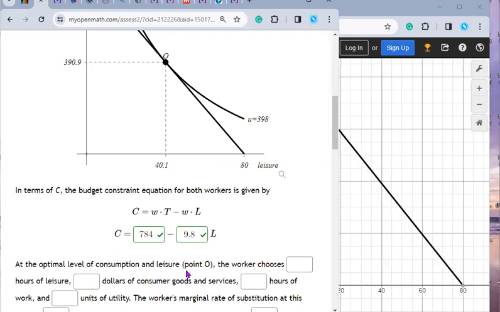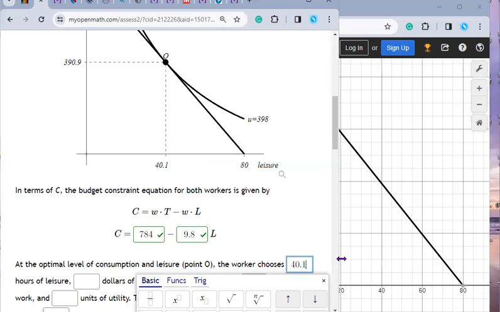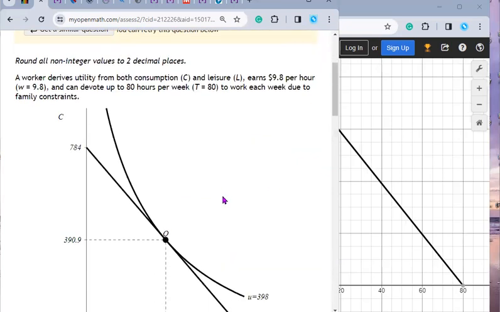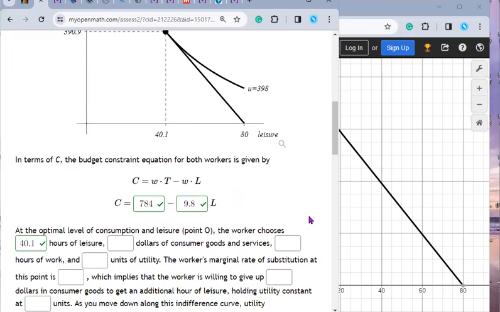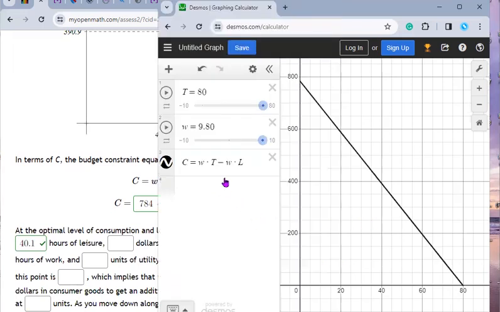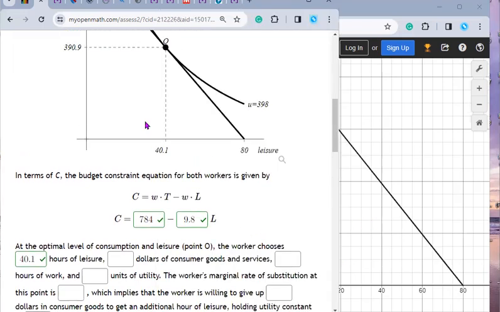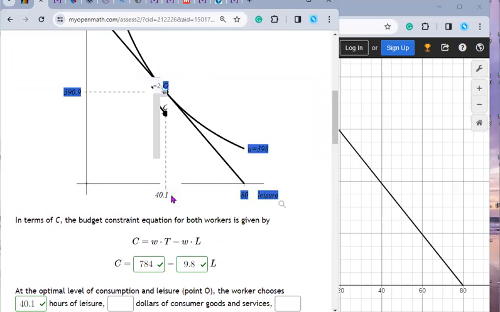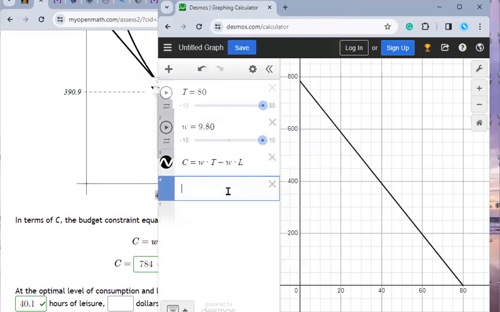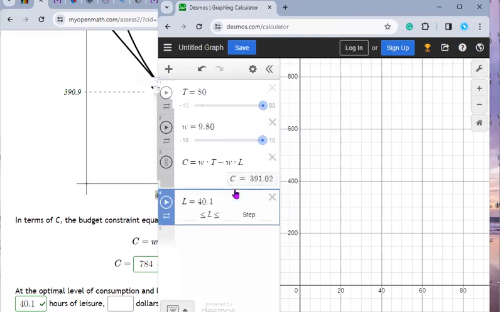Now, at the optimal level of consumption, the worker chooses 40.1 hours of leisure, which was given to us. So if our leisure is 40.1, that means our consumption is 391.02.